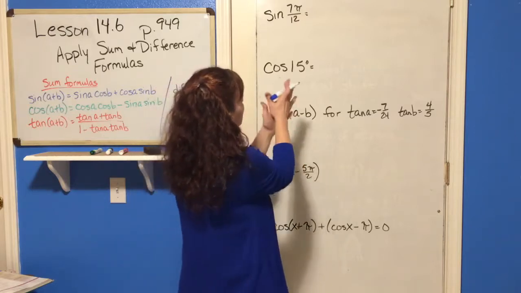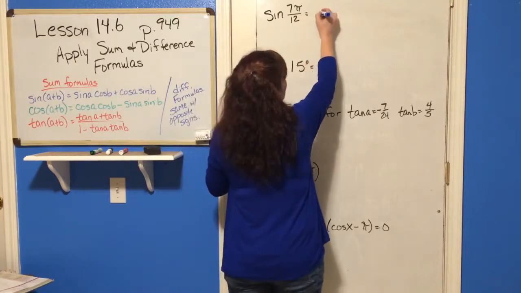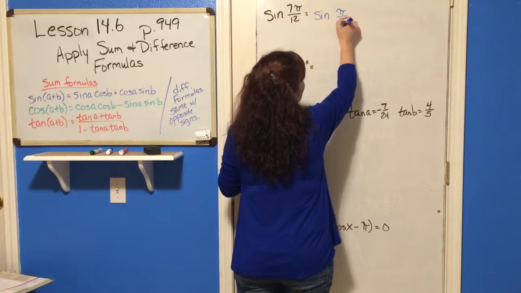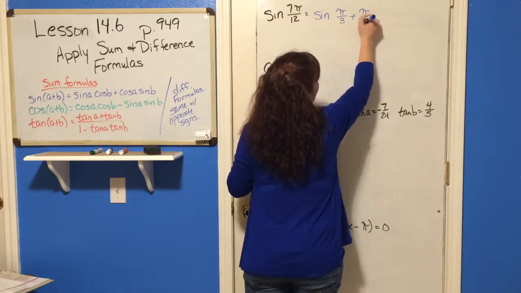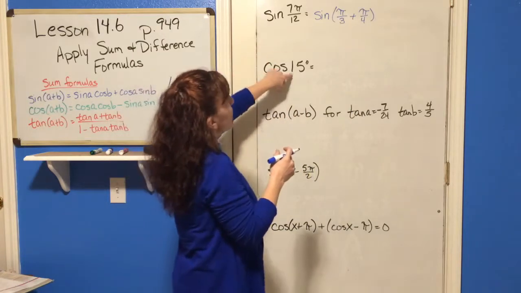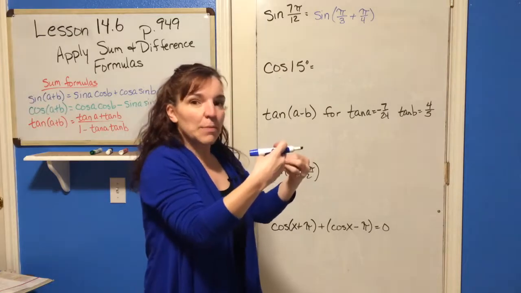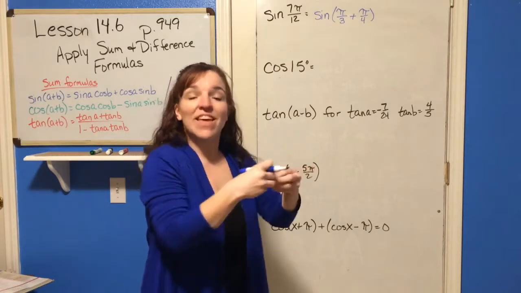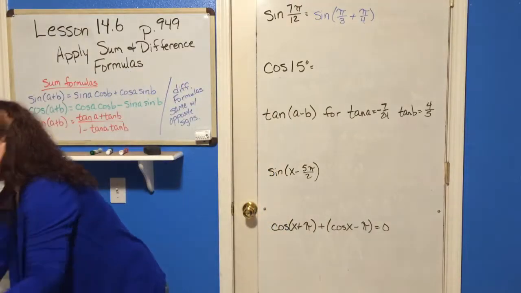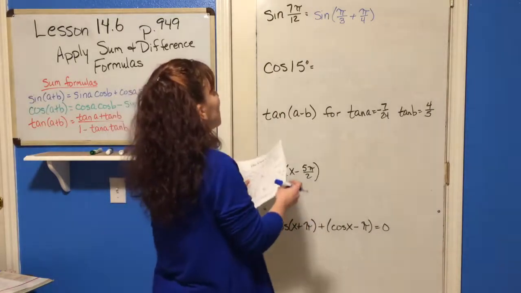The sine of 7 pi over 12 is the same as the sine of pi over 3 plus pi over 4. So you're going to take either the degree measurement or the radian measurement, and divide it up into parts that you do know the answer to, using the unit circle that I've given you, that I'm sure you've memorized by now, right?